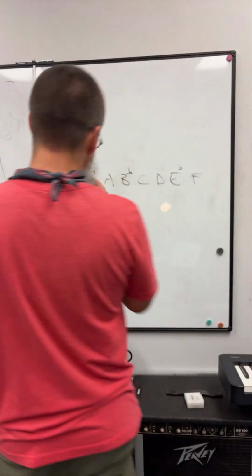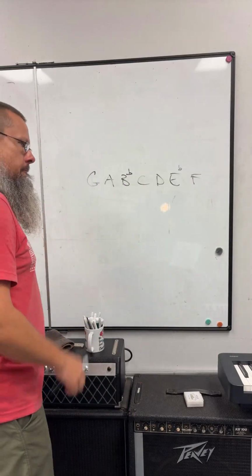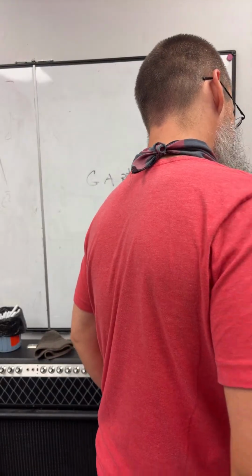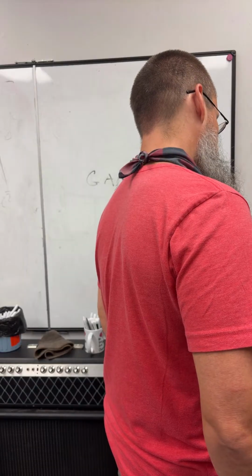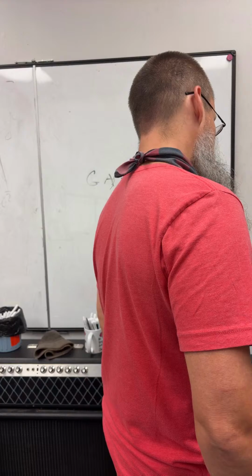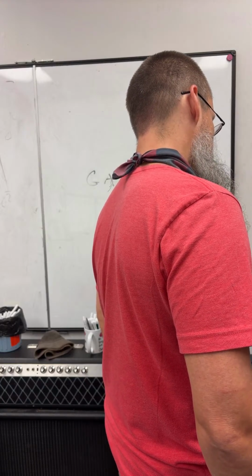So anyway, I'm doing my G minor. Now my G Dorian is G, A, B, C, D, E, F.